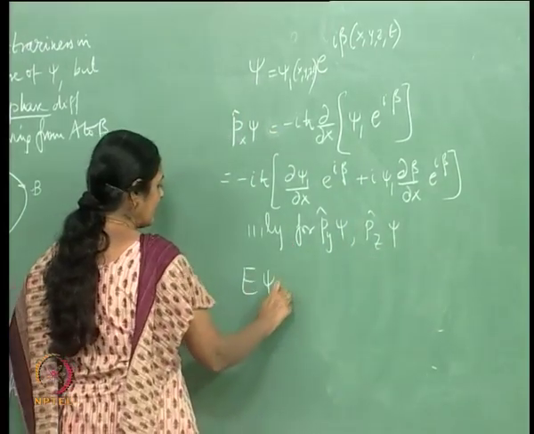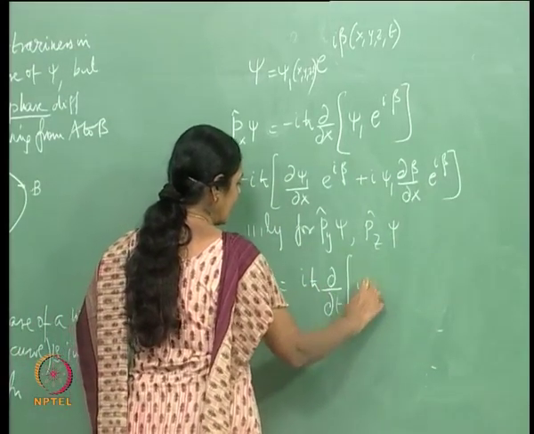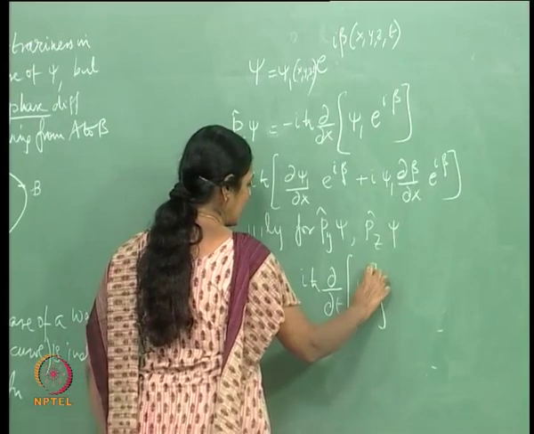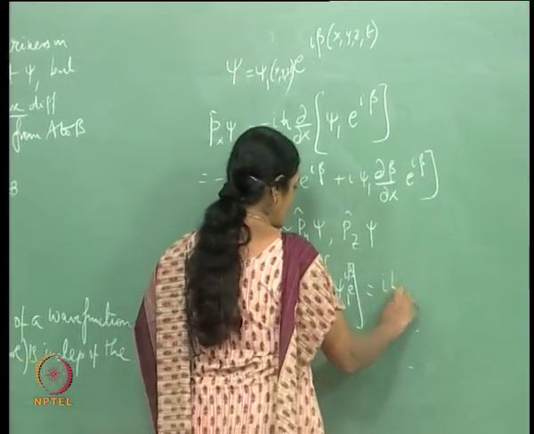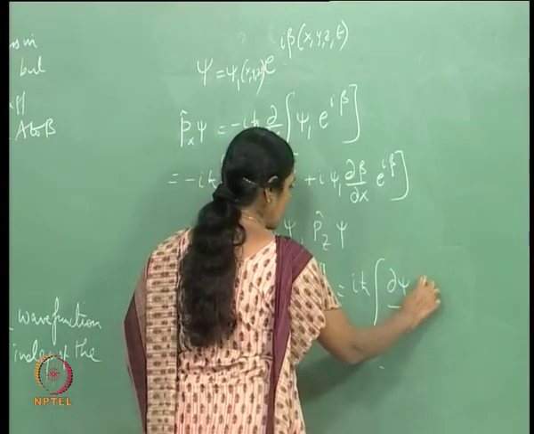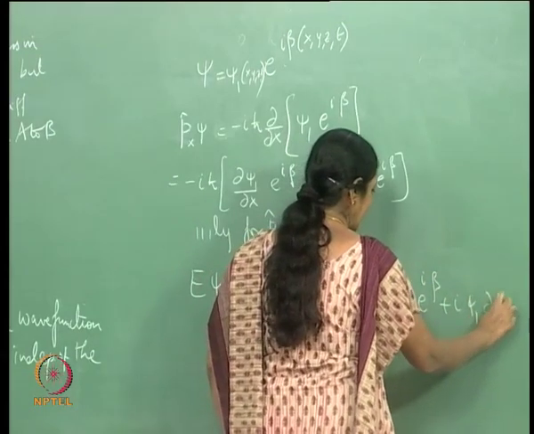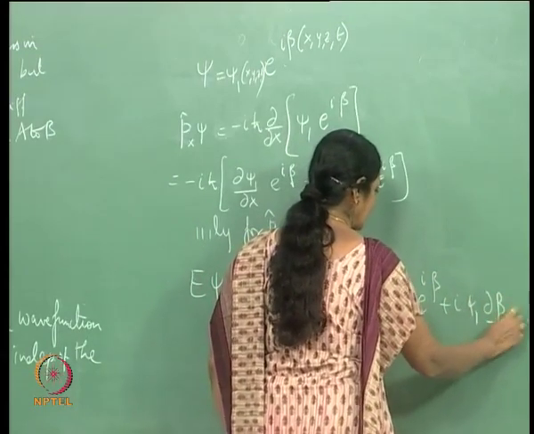And E psi is i h cross delta by delta t of psi 1 e to the i beta, and that quantity is i h cross delta psi 1 by delta t e to the i beta plus i psi 1 delta beta by delta t e to the i beta.